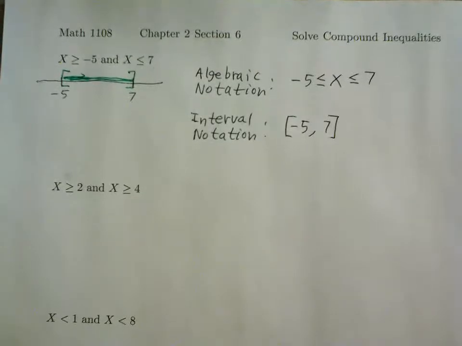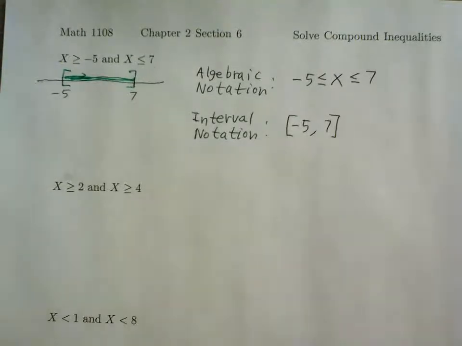So this next one, x is greater than or equal to 2 and x is greater than or equal to 4. So the word and means that x has to satisfy both conditions. So what's this going to be?